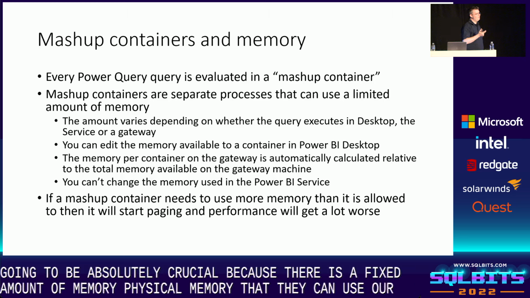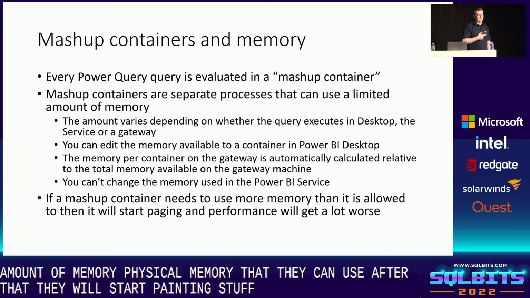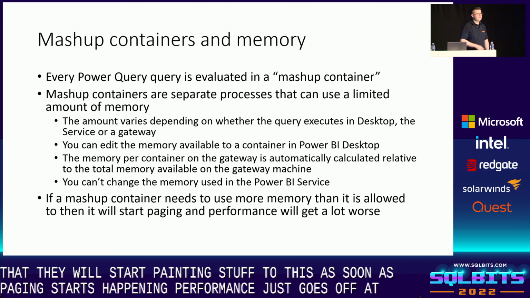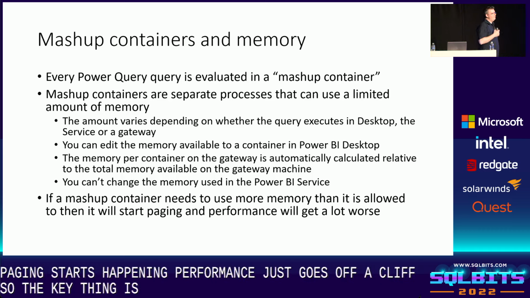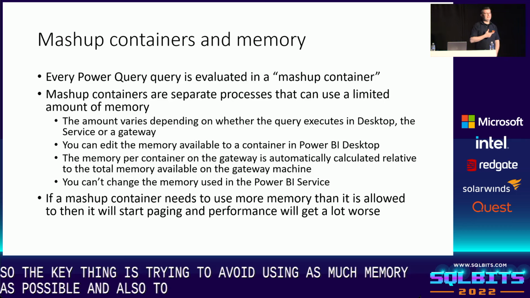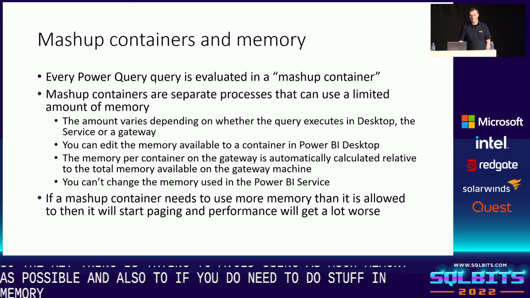After that, they will start paging stuff to disk, and as soon as paging starts happening, performance just goes off a cliff. So the key thing is to try and avoid using as much memory as possible, and also, if you do need to do stuff in memory, reduce the amount of memory you use.